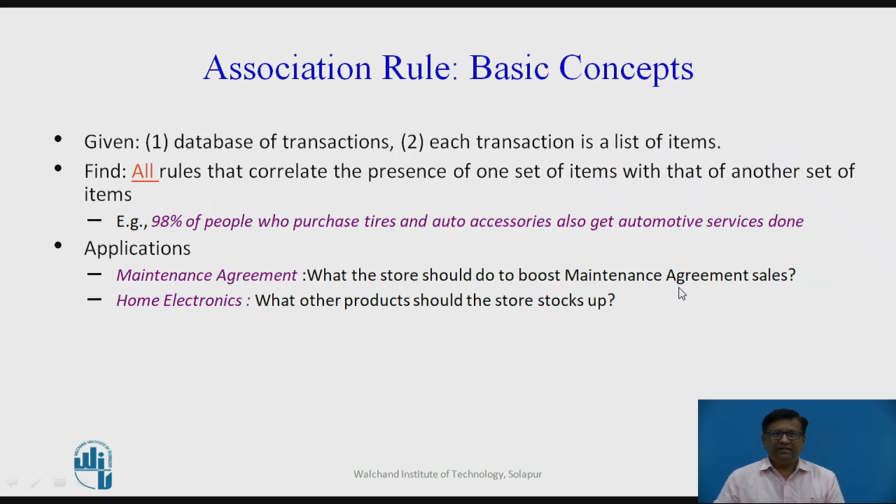Second, we will see the basic concepts of association rule. What is given to us is a database of transactions. As in the earlier slide, where we saw 5 transactions, each transaction is a list of atoms.